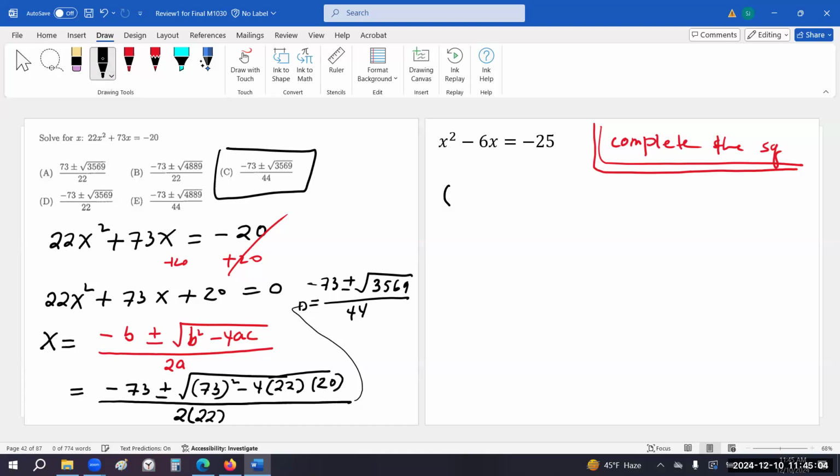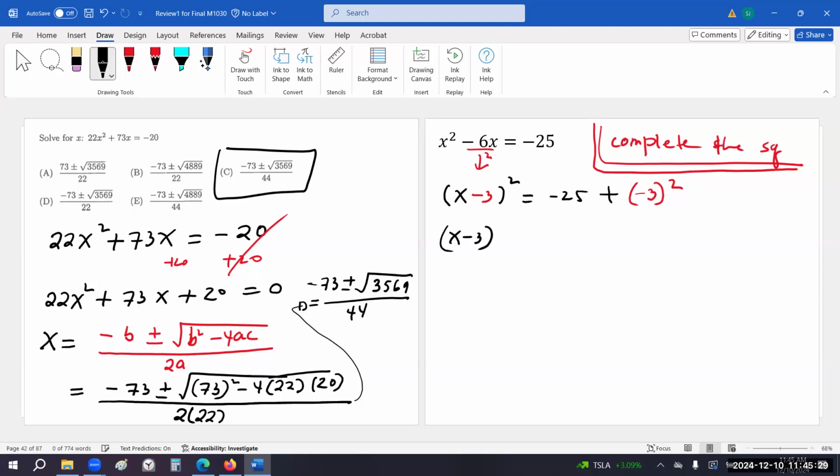So it's not bad. You put x and then something inside. What goes inside? Half of that, which is -3. And you add what? The square of the same thing on the other side.